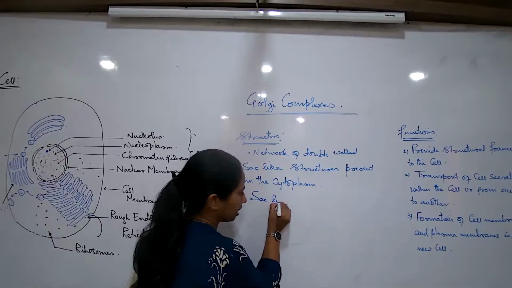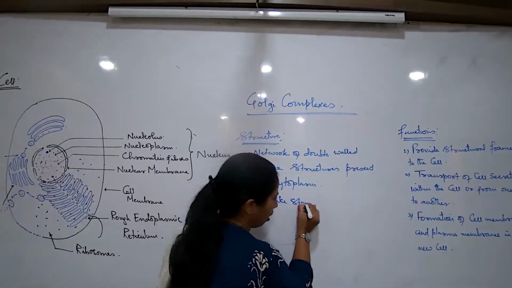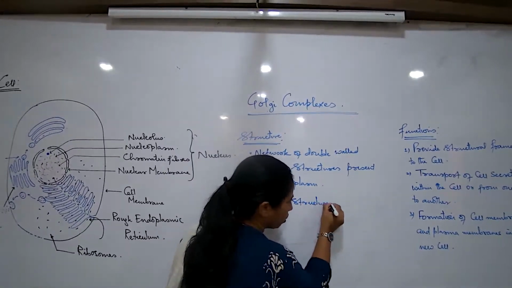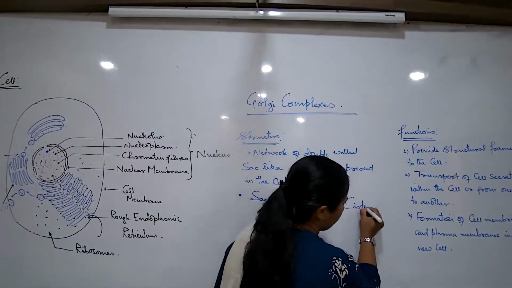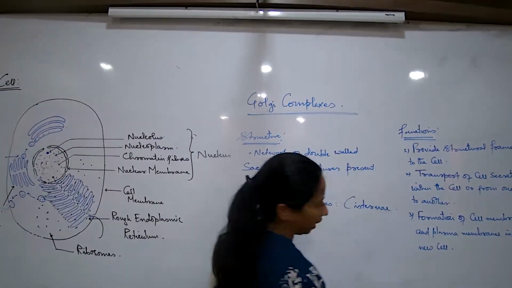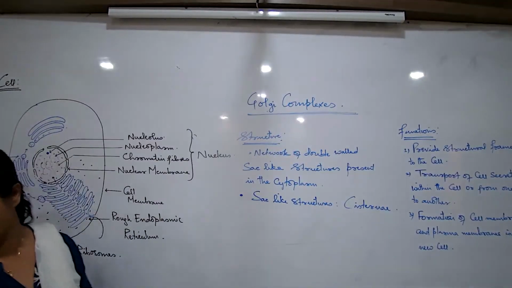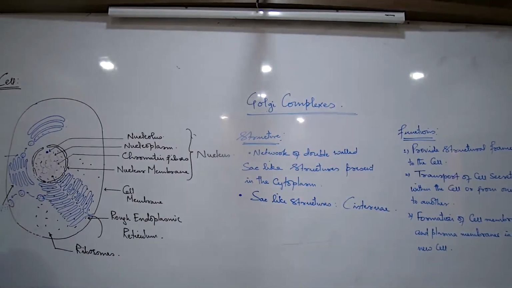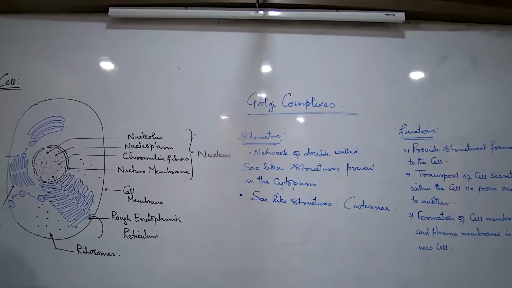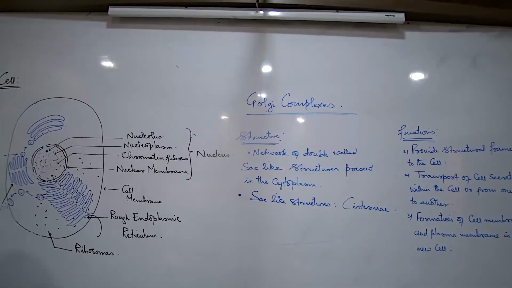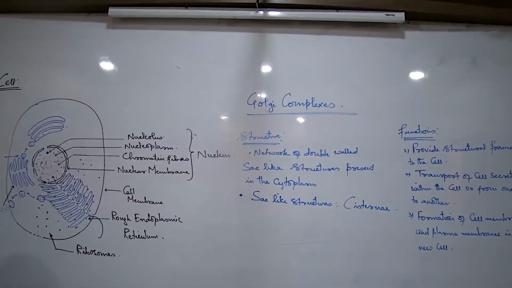The individual sac-like structures can also be termed as the cisternae. What are cisternae? The individual sac-like structures are known as the cisternae. Cisternae of the Golgi means the sac-like structures of the Golgi.